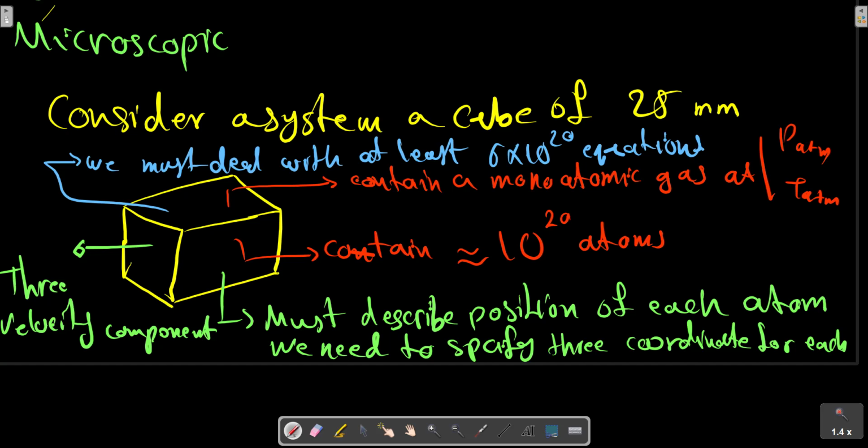Even with large digital computers, this is a hopeless computational task. However, there are two approaches to reduce the number of equations and variables to a few that can be computed relatively easily.